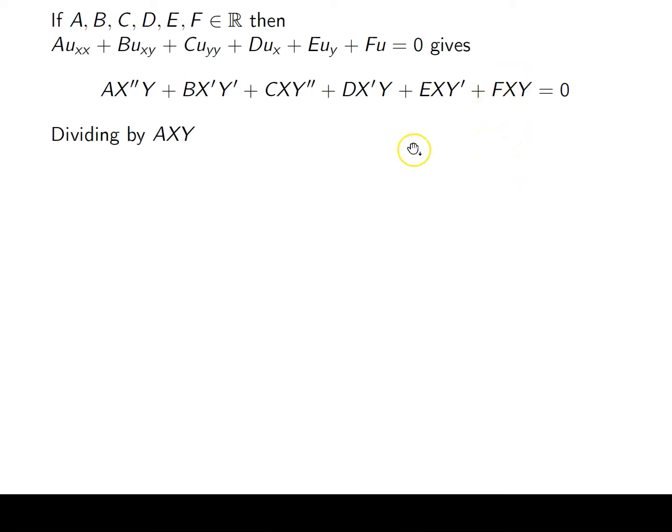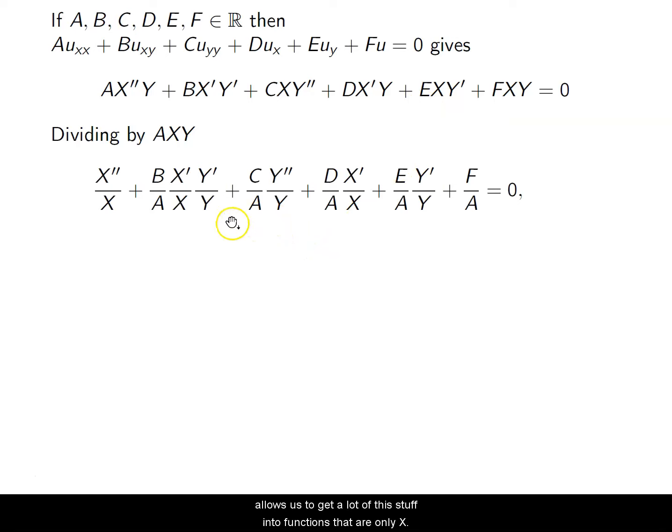So, dividing by a, because it's in the first term, and the standard functions x and y with no derivatives, allows us to get a lot of this stuff into functions that are only x, or only y. And the only one that's left that has x's and y's is one. There's only one left. So dividing by axy helps us to start that separation, okay?